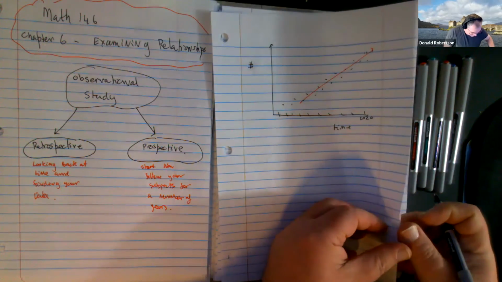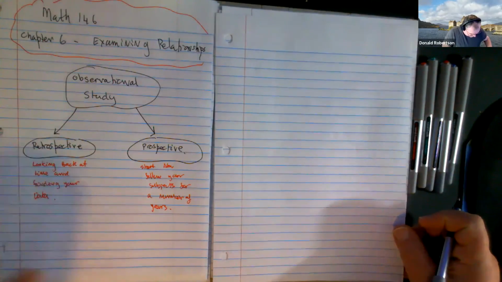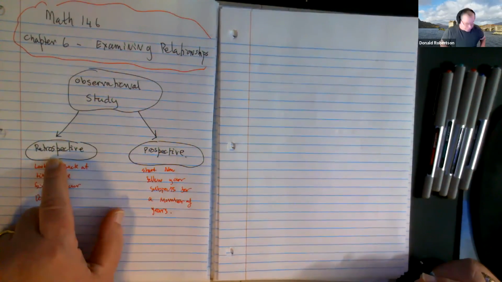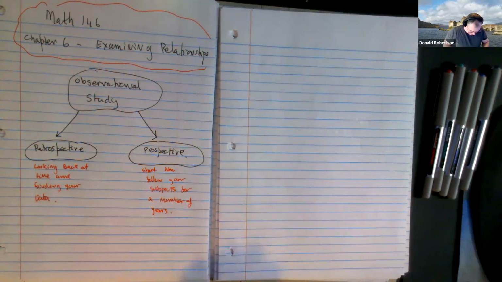I'm going to give you a story and you're going to tell me how you could do it in 2 different ways. How you could do it as a retrospective study and how you can do it as a prospective study, right?